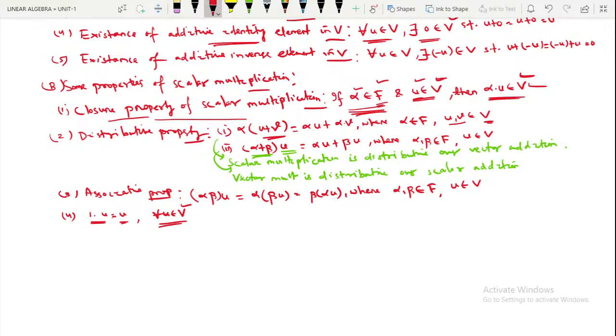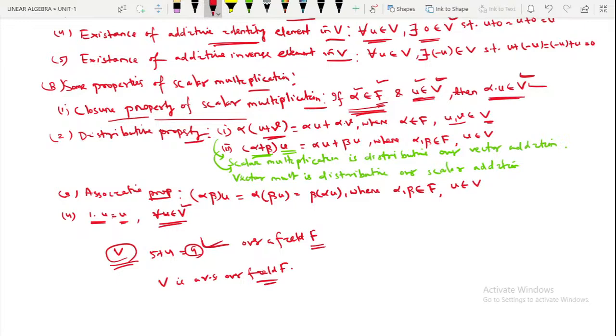So if any non-empty set V satisfies all these 5 plus 4, all these 9 properties over a field F, then we will say V is a vector space over field F. So a non-empty set V is said to be a vector space over F if it satisfies all the above 9 properties.